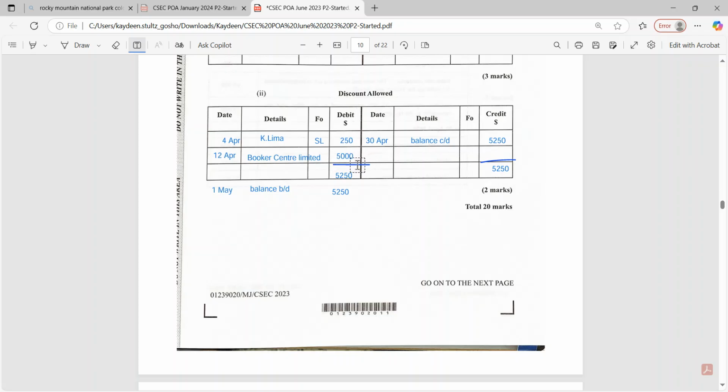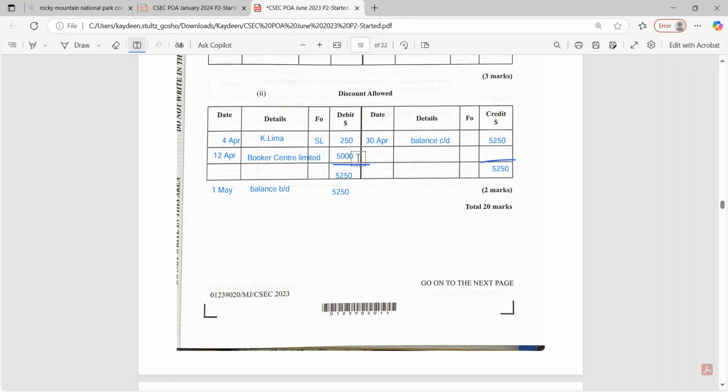We balance off the account, so 5,000 plus 250 gives us 5,250, and there would be zero on this side because you would not have balance CD here, right? So 5,250 minus zero gives us a balance CD of 5,250 on the 30th of April.